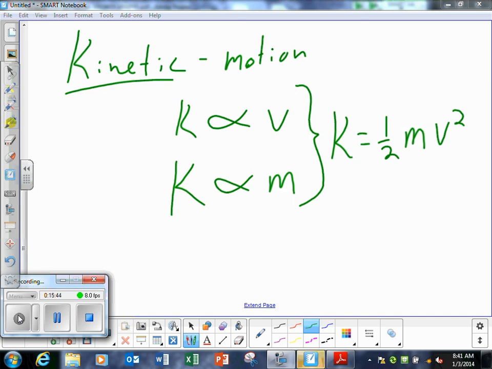Okay. So the whole question about who gets to play football on Friday, Saturday, and Sunday. It used to be said that the people with more mass get to play on Sunday. If you have more mass, you go all the way. But we also have to realize that if you have more speed, you get to play on Sunday too.